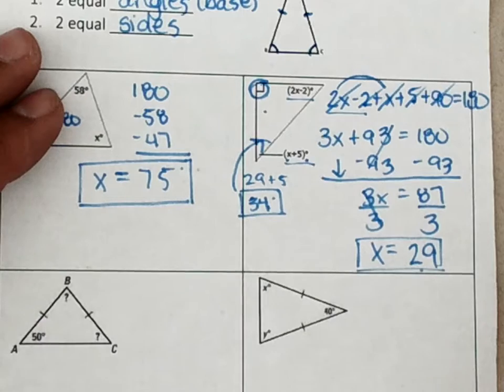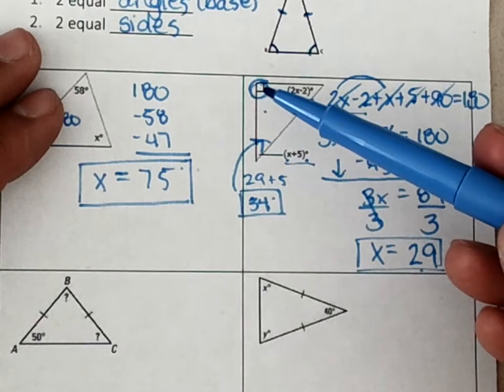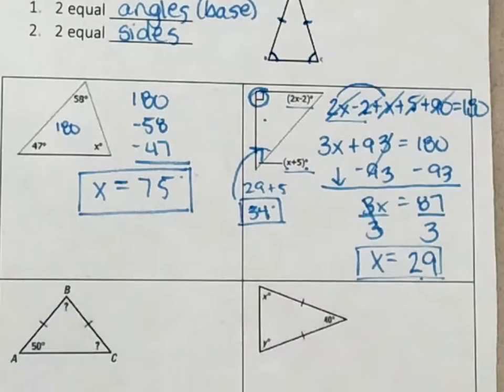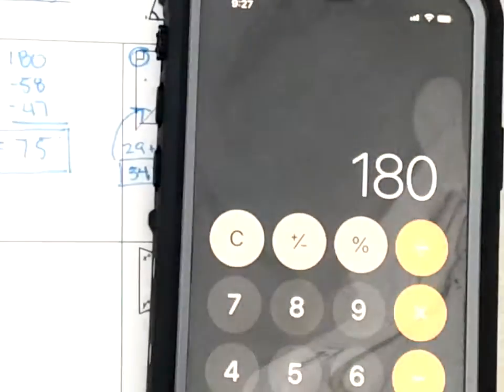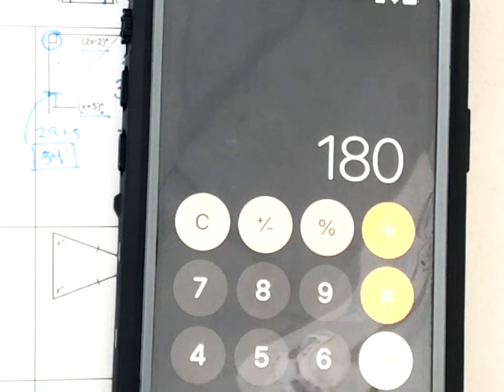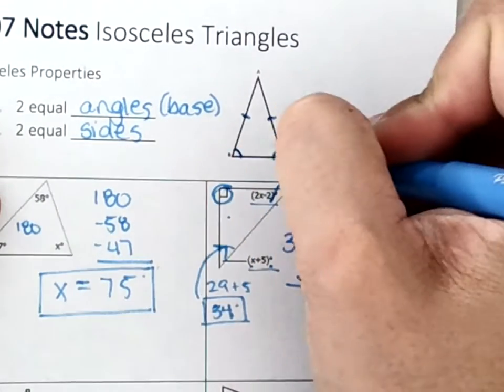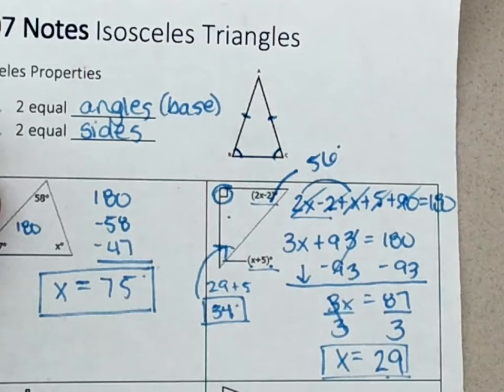It doesn't matter. I'm just going to subtract from 180. So we have 180 take away 34, take away 90 gives us 56. So we know that that angle is 56 degrees.